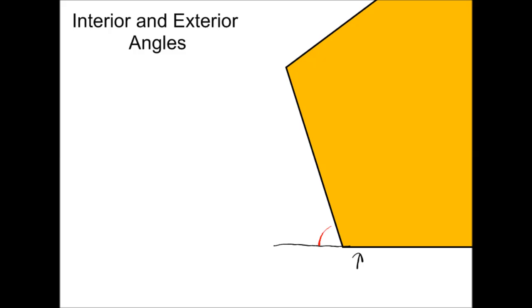We have the red one here, exterior, blue as interior, and you can see, because of the way we've made the exterior angles, if we add an exterior to its corresponding interior, we always get 180 because of the angles in a straight line principle. So once we've found the exterior angles, we can use that very quickly to find the interior ones as well, or the other way around.